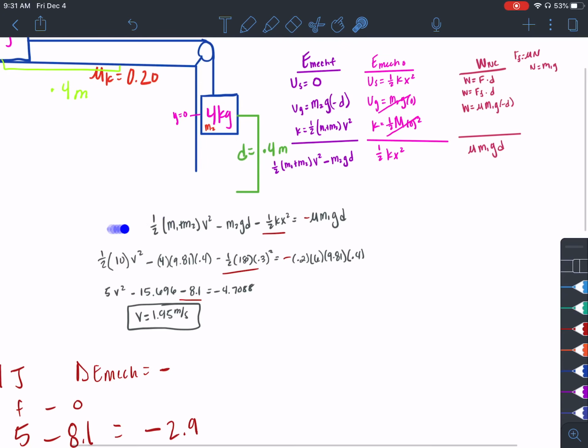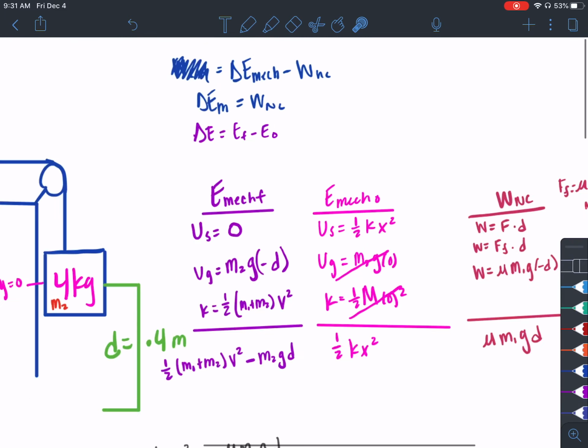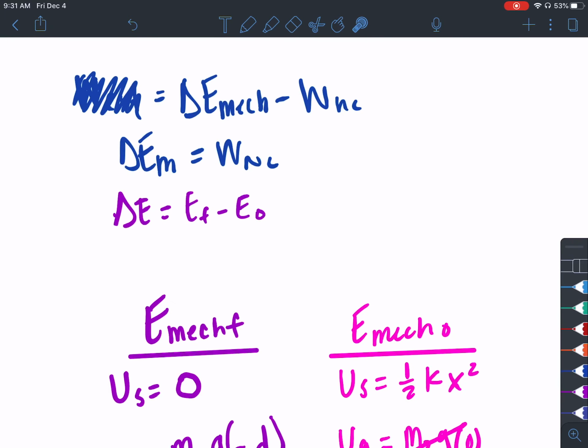That means that when we are doing this statement, if we just think about that in general, we had to set the change in mechanical energy equal to a negative quantity. This negative up here is here because work non-conservative is typically something going in the opposite direction.